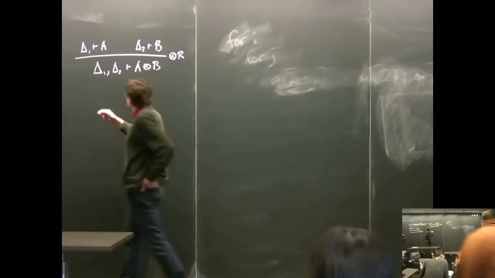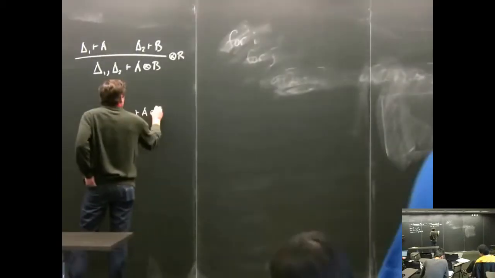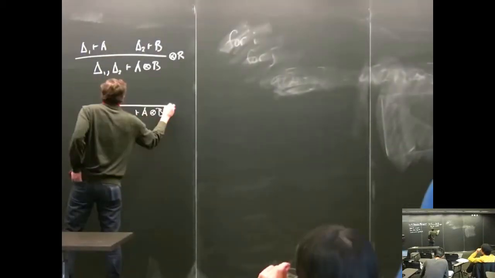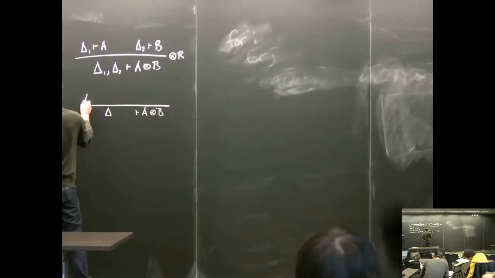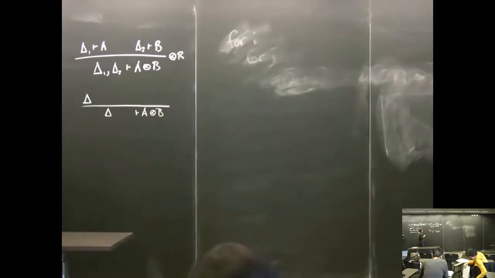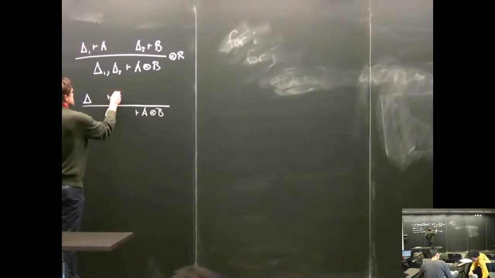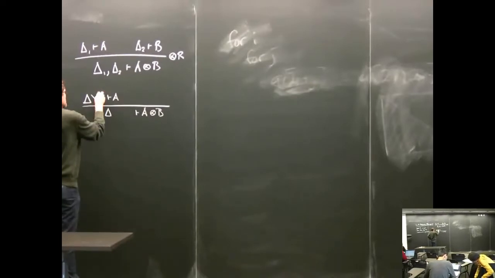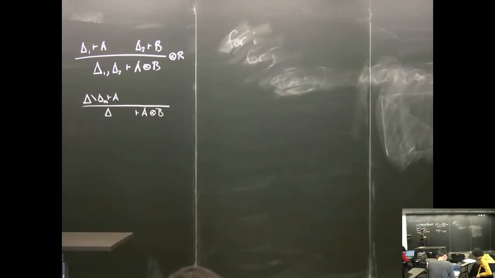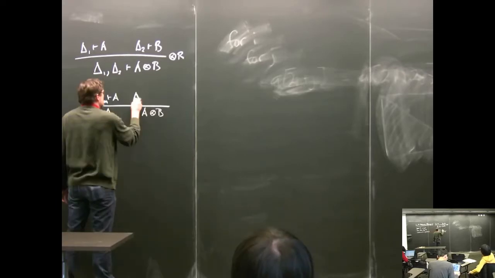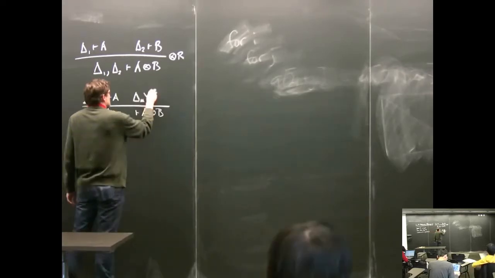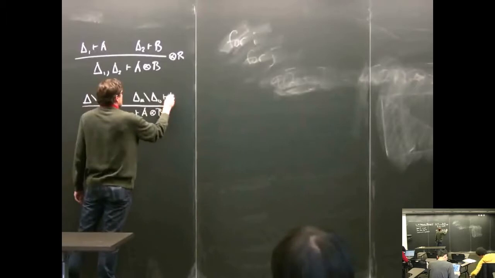So what we do instead is we have delta proves A tensor B. We propagate all the resources we have to the left, and we see which ones are used, and then we get some intermediate resources delta M, which have not been used, which are left over, and we'll pass these into the proof of the second judgment.